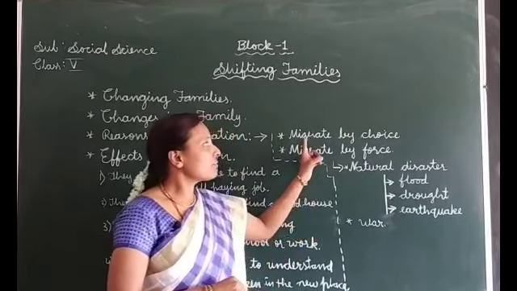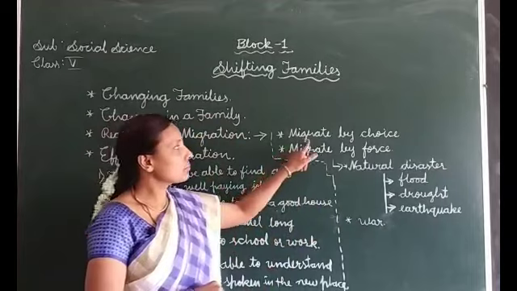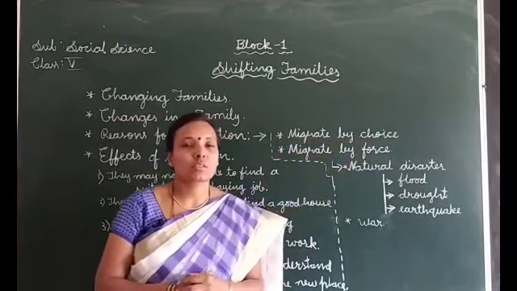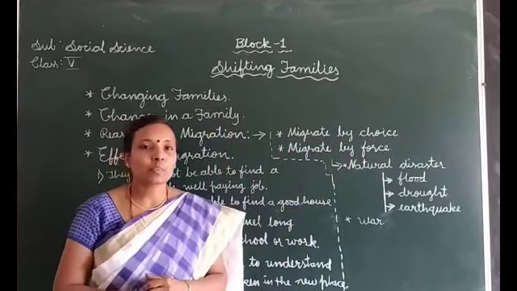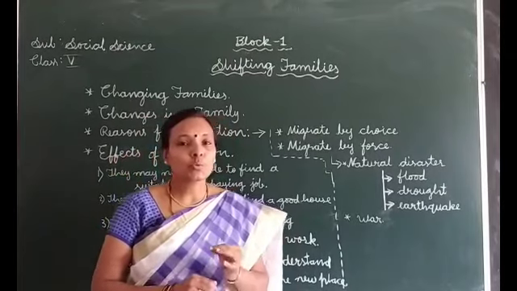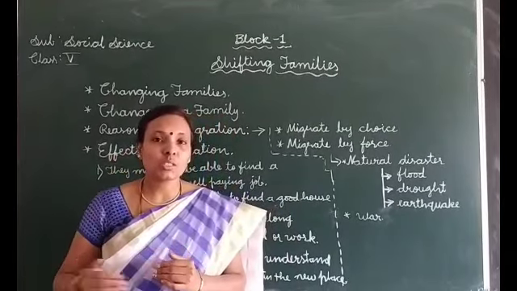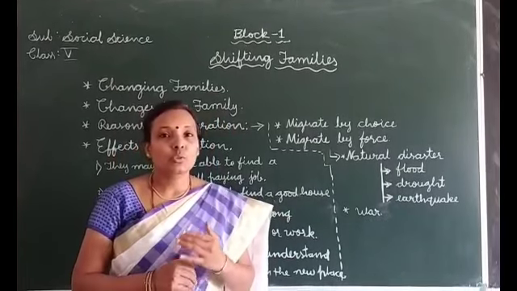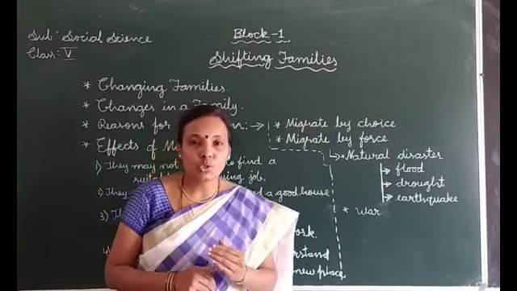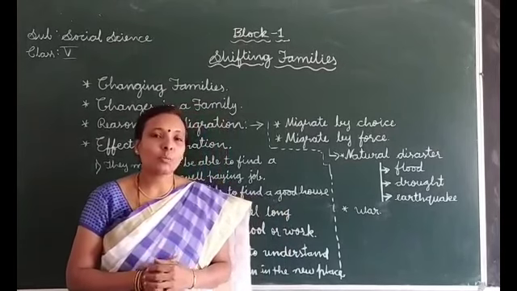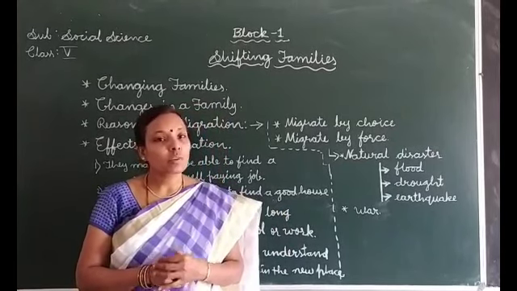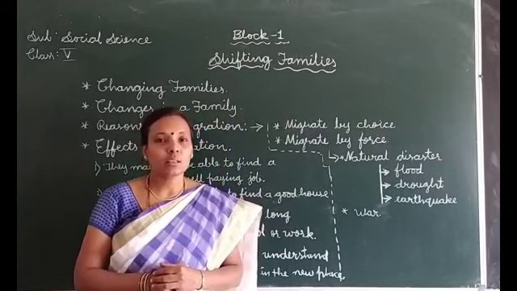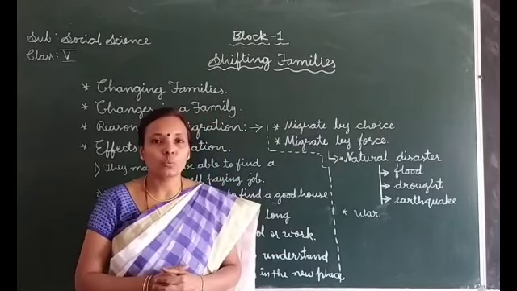So let me explain the first point, that is migrate by choice. Here some families choose to move to a new city or a new country to get a good job or a better paying job. It means where they get a good salary, there they like to move.